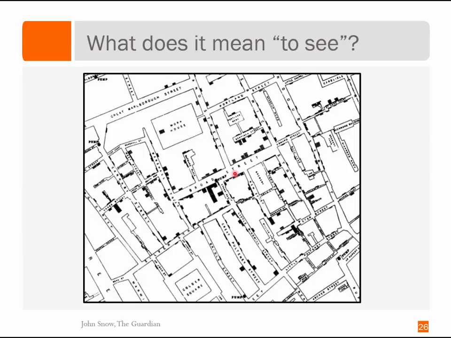It was basically being spread by this particular water pump here on the corner of Broad Street. The first clue that what's causing many of these deaths must be close to here was the sheer magnitude of the deaths in this close proximity. So if you're trying to figure out what's causing this, you'd probably start looking in this area.